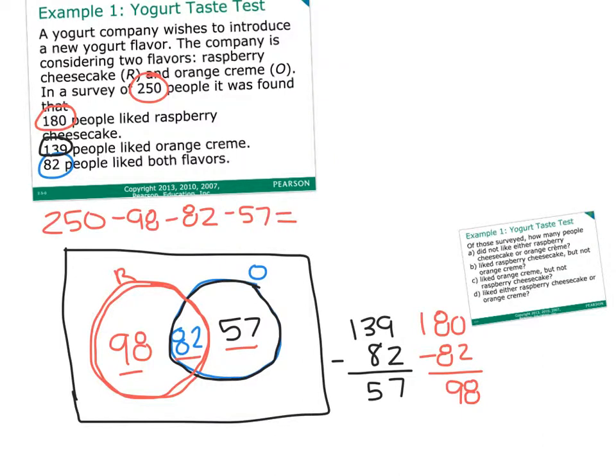And I'm just going to do that on my calculator really quick. So 13 people have not been accounted for. And since they are not in the circles, they're going to go out in the rectangle space. Okay, so now that you have completed your Venn diagram, you're now ready to answer some questions.